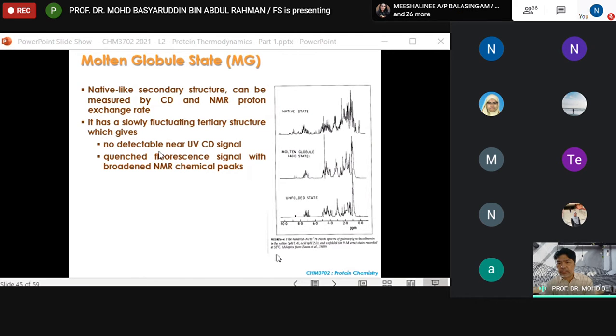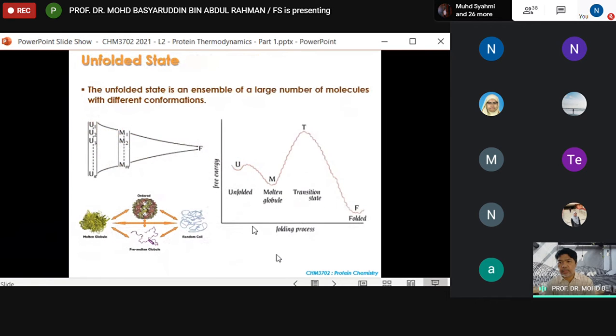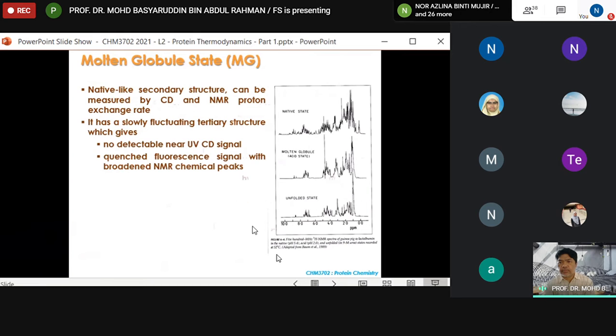For example, from this information, we can say there is a quenched fluorescent signal with broadened NMR chemical peaks. So you can have a look at this, for example, the NMR spectrum from the native state to the unfolded. There are some changes that we can observe, including in the molten globule. Okay, so this is another NMR spectrum that we can have a look at, but I missed one slide, I think.